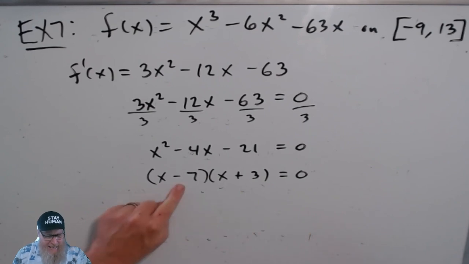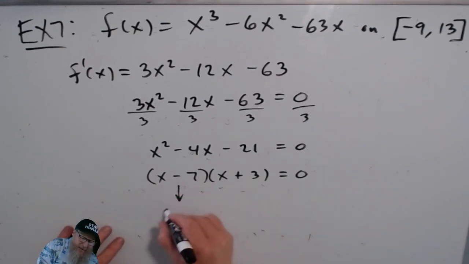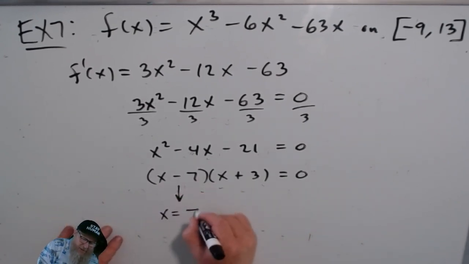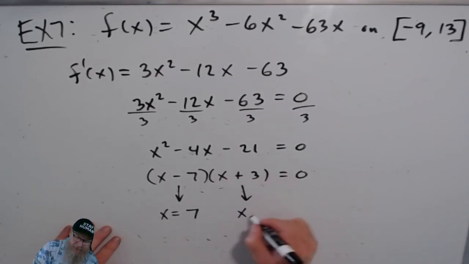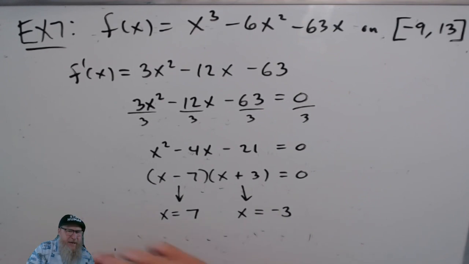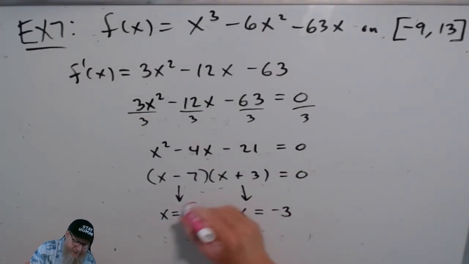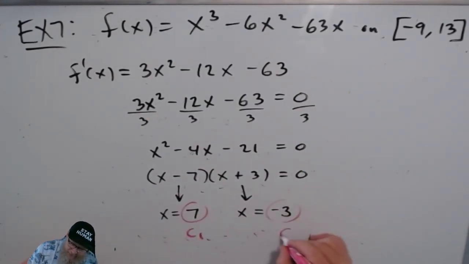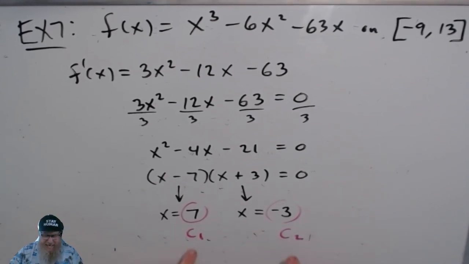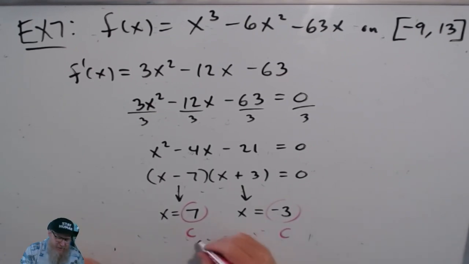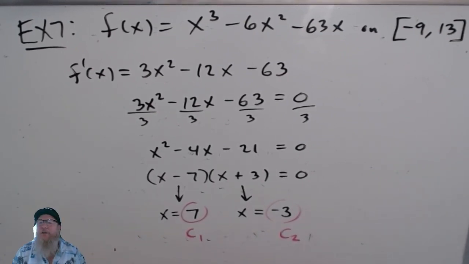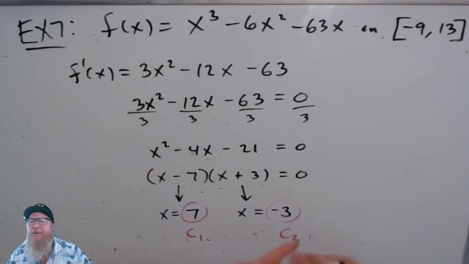This is actually negative 7, so that means that the C value is positive 7, and then this is x plus 3, so the C value is negative 3. So we have two C's. You don't really need the subscripts. You could just call them C's like that, but you might get confused as to which one we're talking about. So there could be more than one critical value.